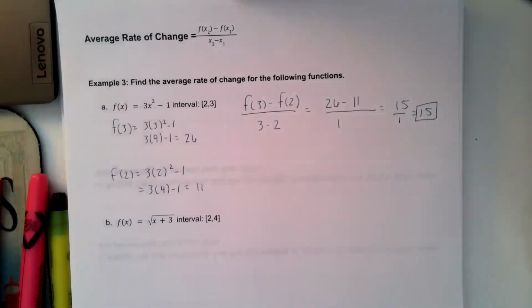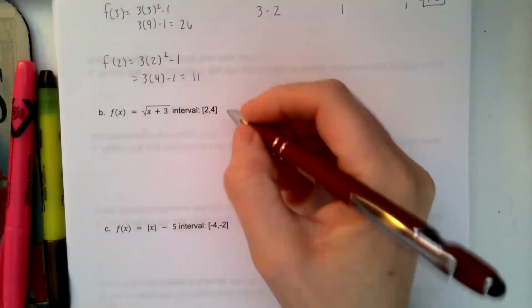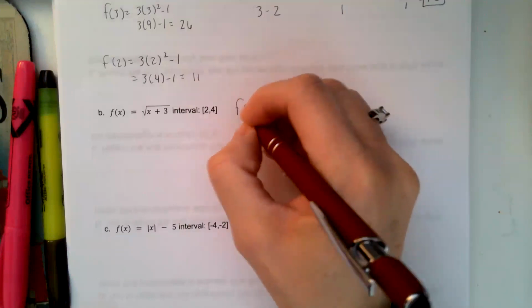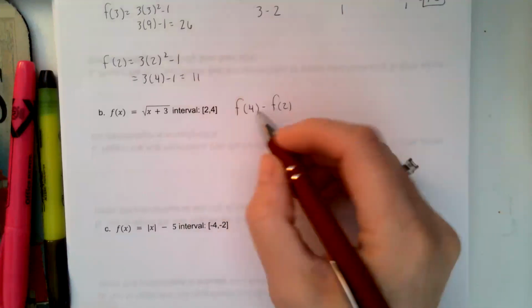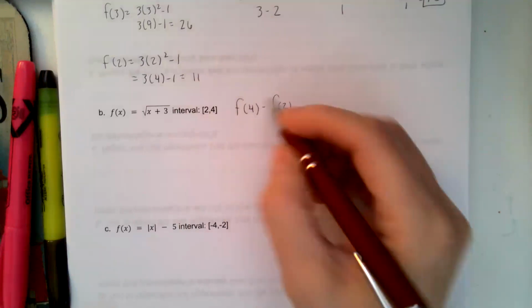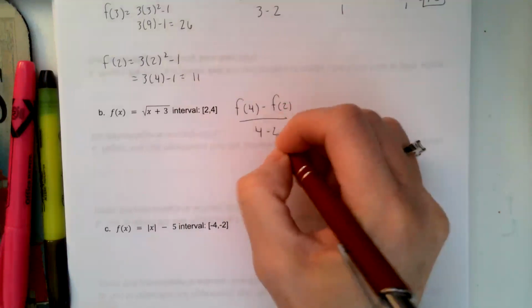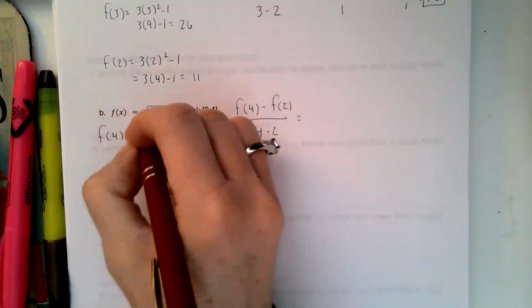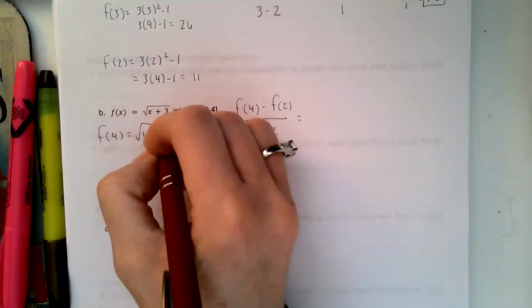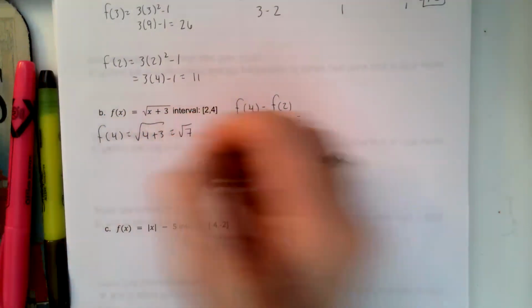Let's look at the average rate of change for the next function. So this is going to be the function evaluated at 4 minus the function evaluated at 2 over 4 minus 2. So the function evaluated at 4 is the square root of 4 plus 3, which is the square root of 7, which is irrational.